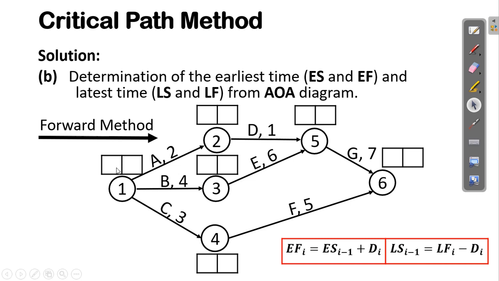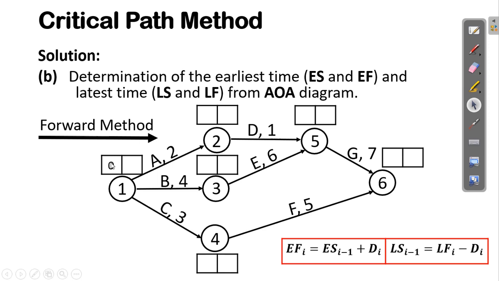Now let's start filling the earliest time, and we are going to start at node 1. In the critical path method, we set the initial or early start time to 0. This becomes the earliest start time for these three activities. So let's go one activity after another. Since activity A starts immediately at time 0, the early finish time of this activity will be the early start time at the previous node plus the duration of that activity.